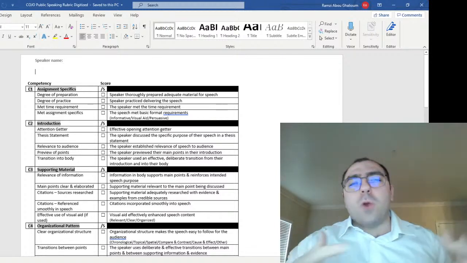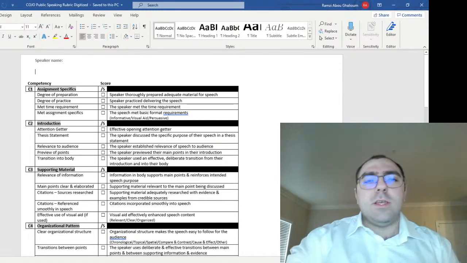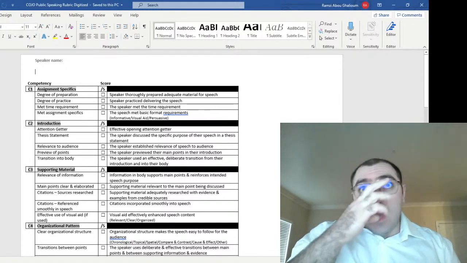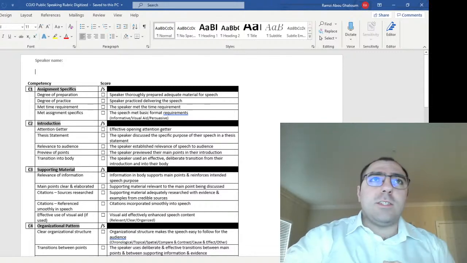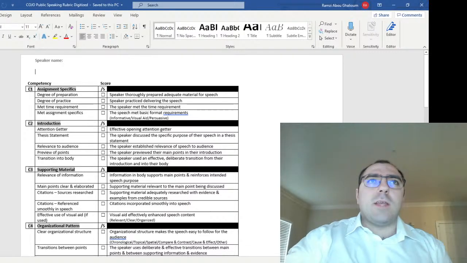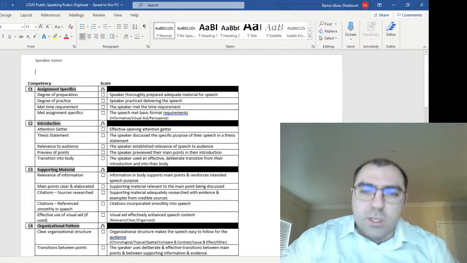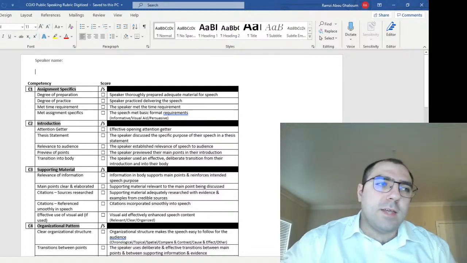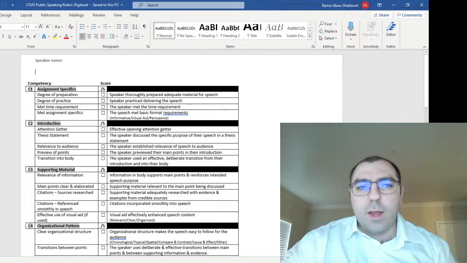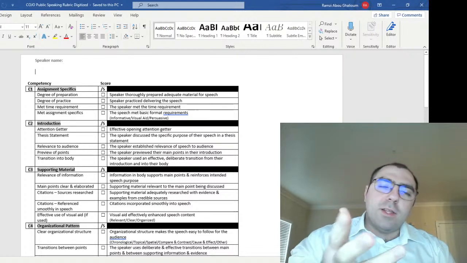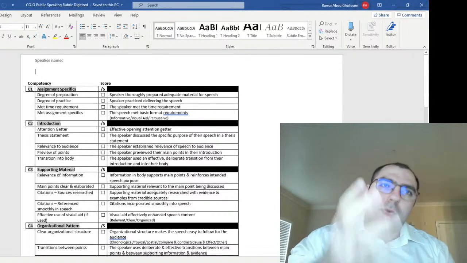Our rubric is broken down into 8 competencies. This is a rubric that was designed after, I guess in the 1960s or 1970s, educators came together and compiled a huge list of data about public speaking classes and determined the best criteria for evaluating a speech. These are the criteria they came up with.